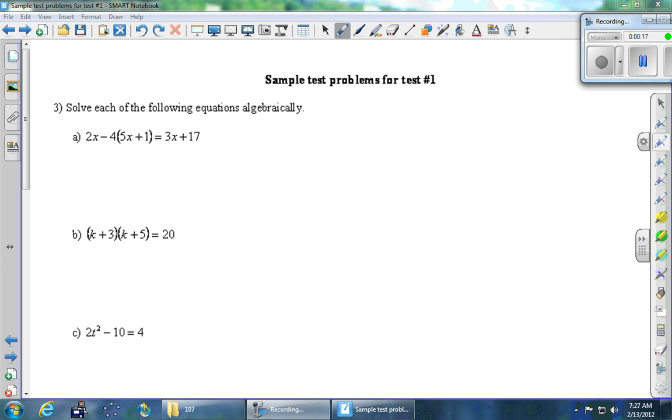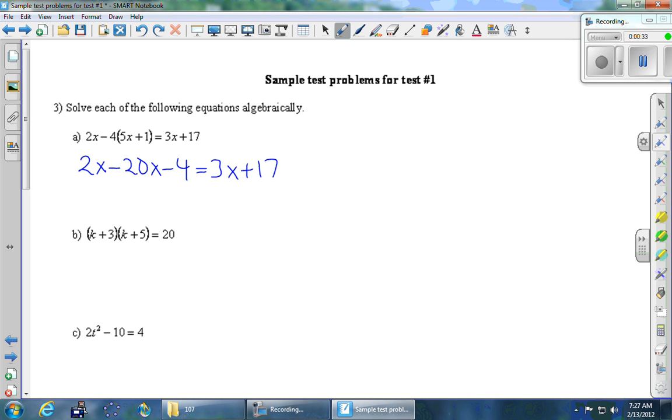So this is a linear equation because all the powers on the x's are 1s, and all we need to do is distribute that 4 and then combine like terms, and then we'll solve for x. So distributing the 4, and then we'll combine terms on the left-hand side.